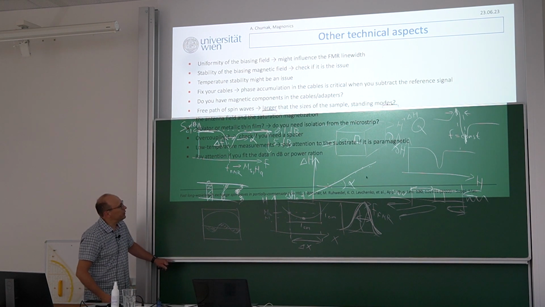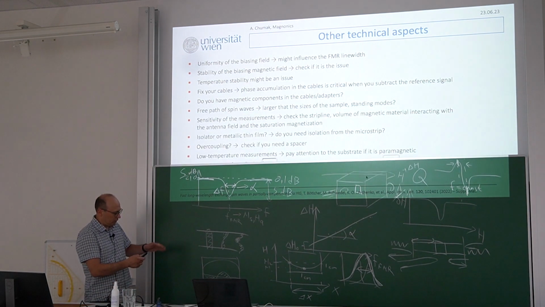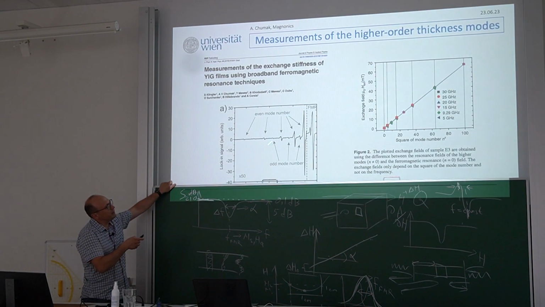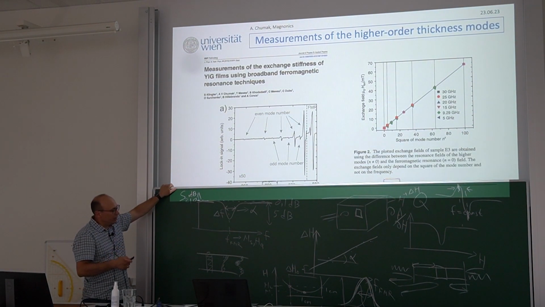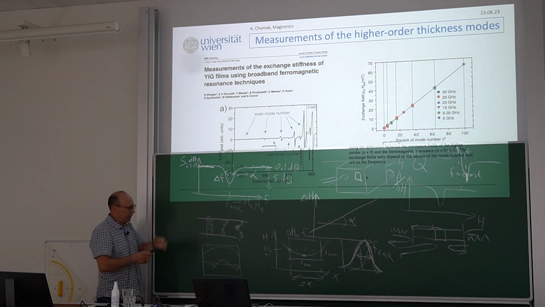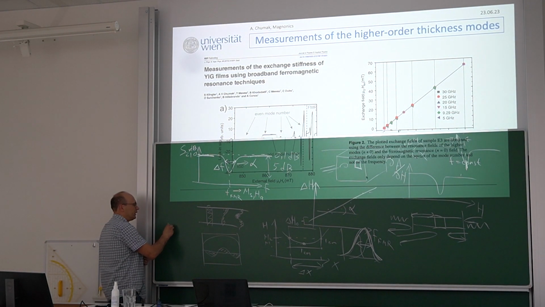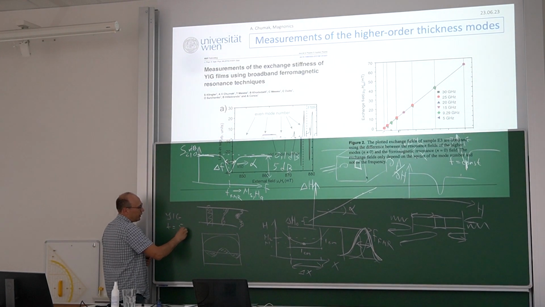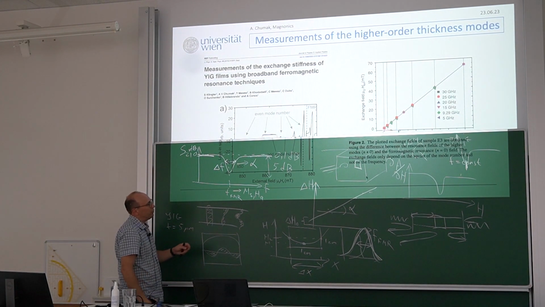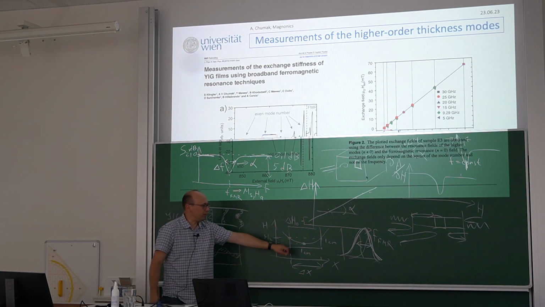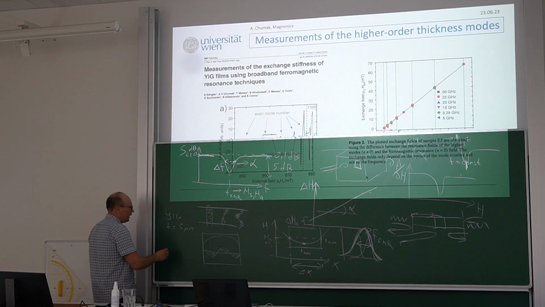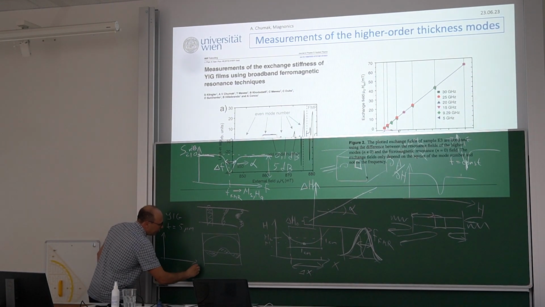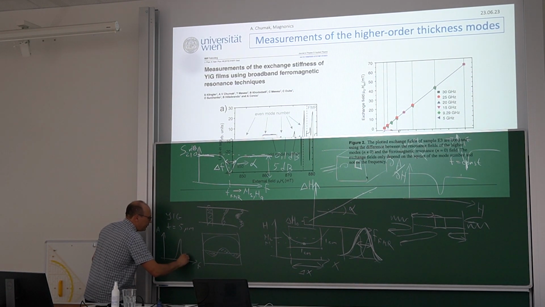You have seen this picture where we saw standing modes. These were thickness modes. If you take a thick sample, thick meaning, for example, a thickness of YIG, that's a typical material, of let's say 5 micrometer, and your sample has sizes of the order of a centimeter or some millimeters, it means that if you measure absorption as a function of frequency, you will see many peaks.